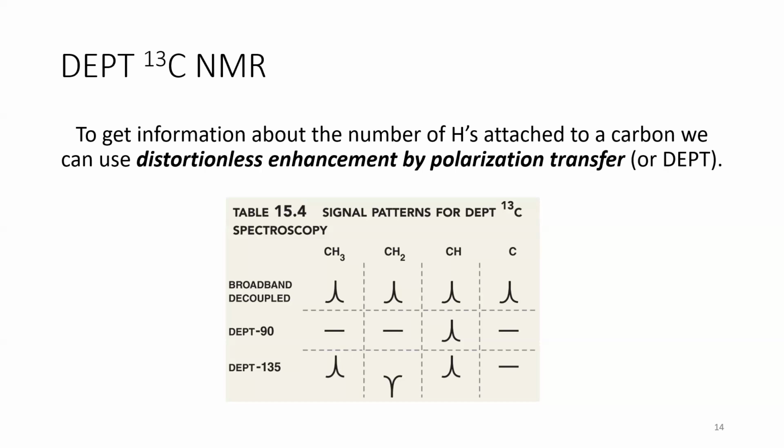And what that means, so this is what we normally look at. If we then look at the DEPT 90, anything that's not a CH, where you have more than or less than 1 hydrogen, will disappear.